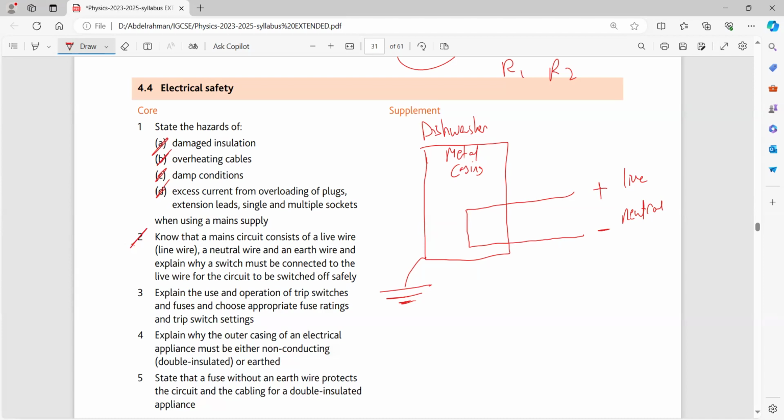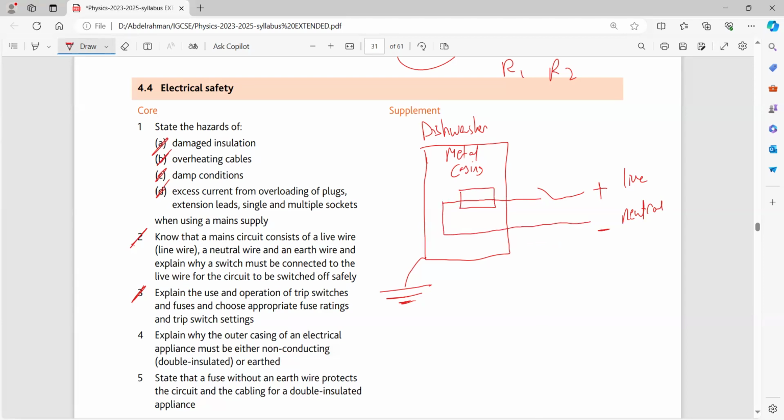Why do we use a fuse? How do we connect a fuse in a circuit? The live wire has the switch, and then on the live wire there is the fuse, which is also connected back to the neutral wire.